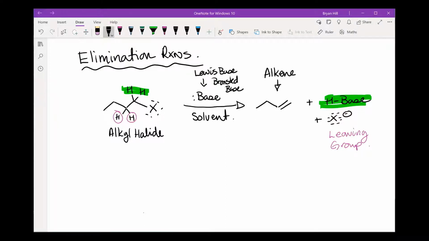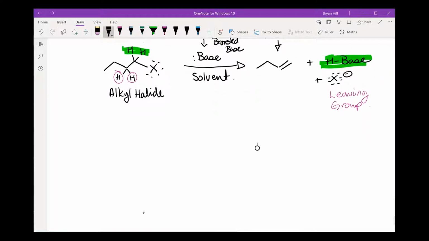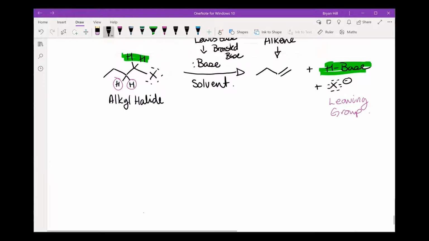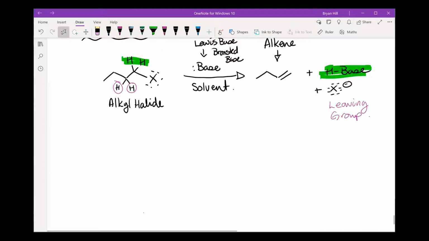And there will be two mechanisms to this reaction: the E2 and the E1. These are very similar to the SN2 and the SN1.